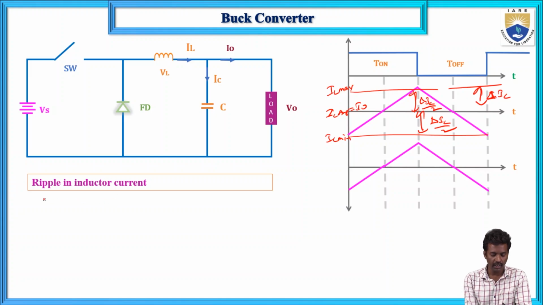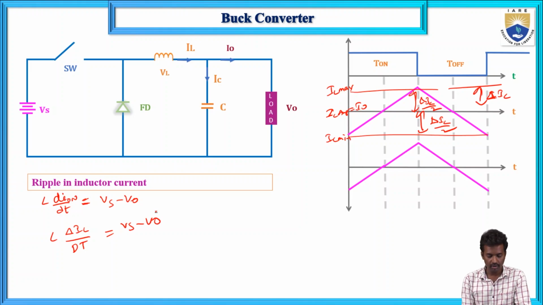So now how will we calculate? We know the formula L di by dt equals the voltage. That voltage, when the inductor is on, is the supply minus output voltage, Vs minus V naught. So now del IL when the inductor is on. The on time duration is dt, so L del IL equals (Vs minus V naught) dt.